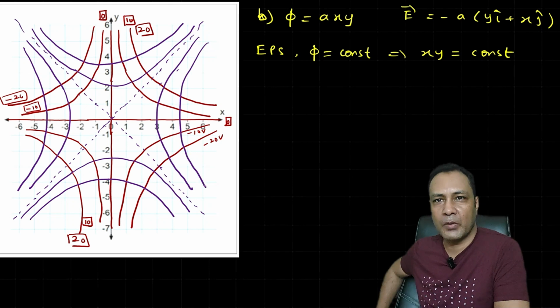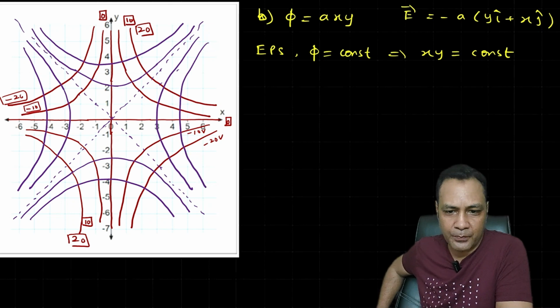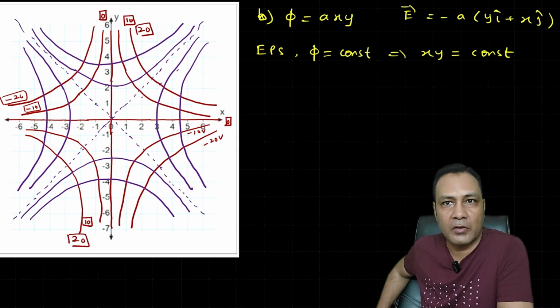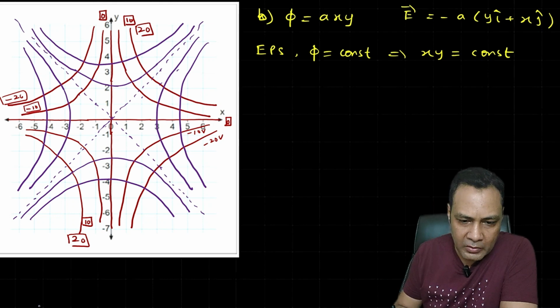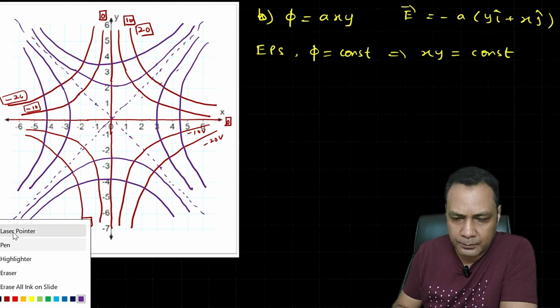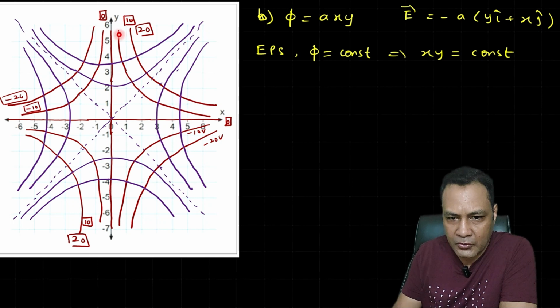So once again these purple color lines are the electric lines of force, and we can now give their direction. See, start from here. This is a positive potential, and the positive potential increases here. So as I go from here to here, potential decreases.